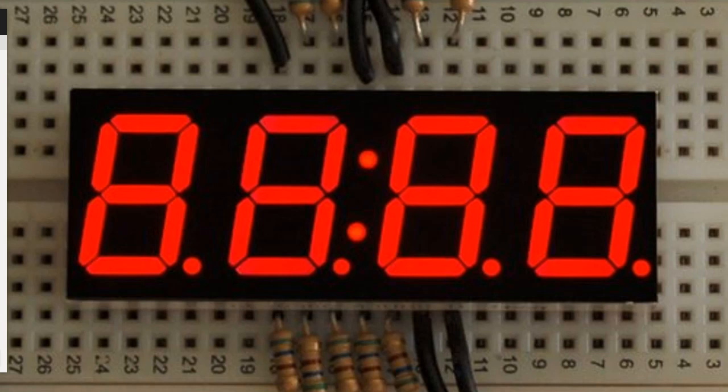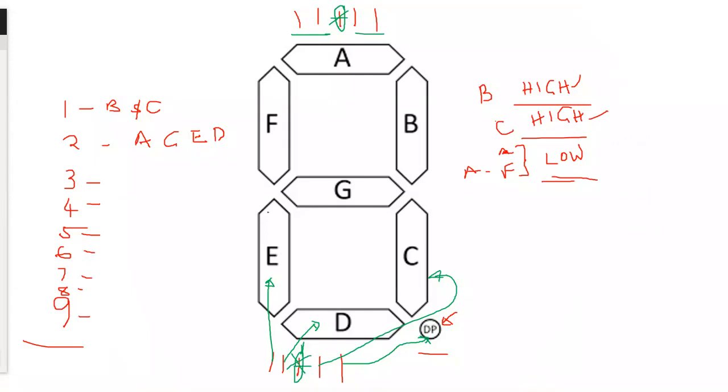So this is the 7 segment display, and we call it 7 because of the 7 sections it has. If you count, you'll find 1, 2, 3, 4, 5, 6, 7. It's like 7 LEDs put together.